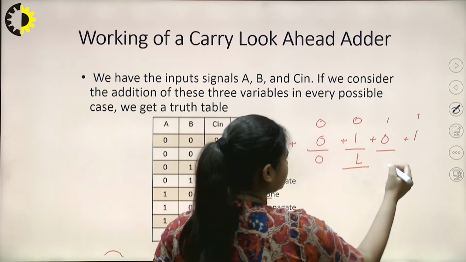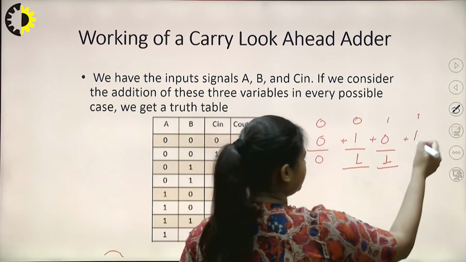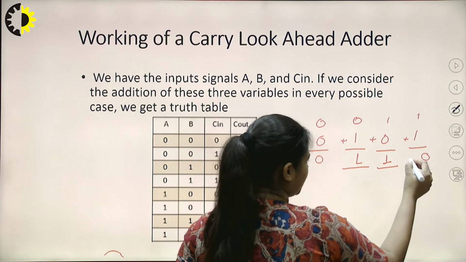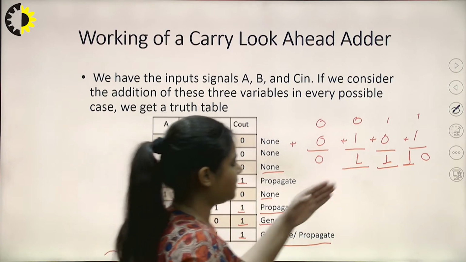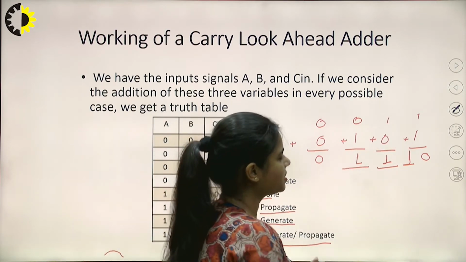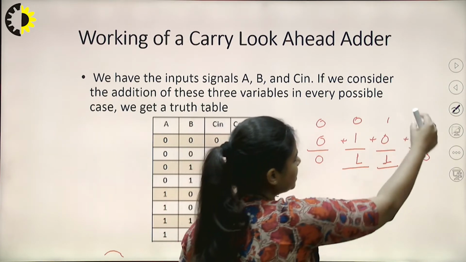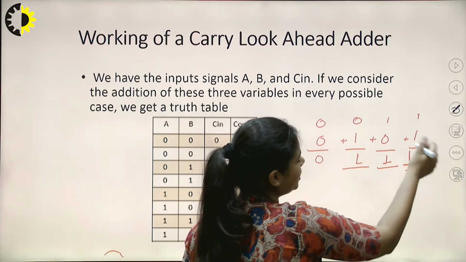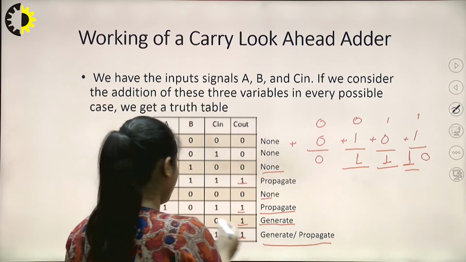Here again sum 1 and no carry. But here we have sum 0 and carry 1. This function is generating a carry, because it is not receiving a carry forwarded from the previous number. It is generating the carry itself. That's why we consider this combination as generate.